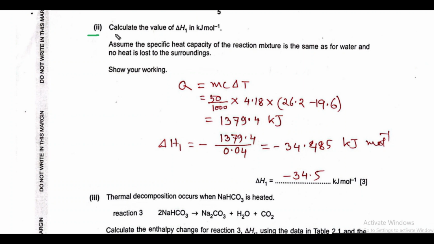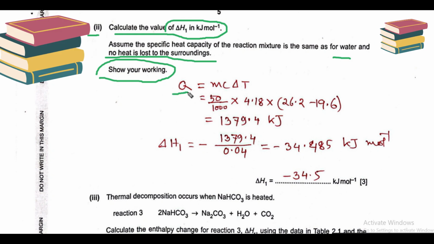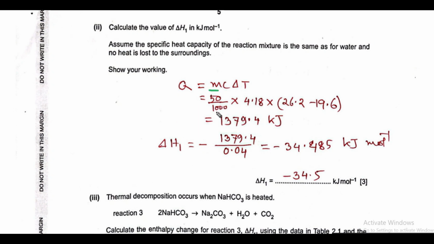Next, number 2, calculate the value of ΔH1. Assume the specific heat capacity of the reaction mixture is the same as for water, meaning 4.18, and no heat is lost to the surroundings. Show your working. So first of all, energy transfer Q or E equals mcΔT. M is the mass of solution, C is the specific heat capacity, ΔT is the change in temperature.